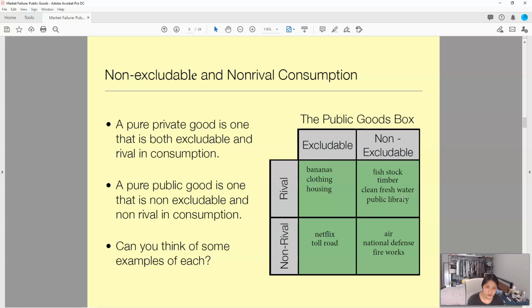I cannot exclude you from using those resources like the ocean fishery, the timber, fresh water, public library, public park. However, when I am using them, my activity would affect your ability to consume them. So that is the definition of non-excludable and rival.